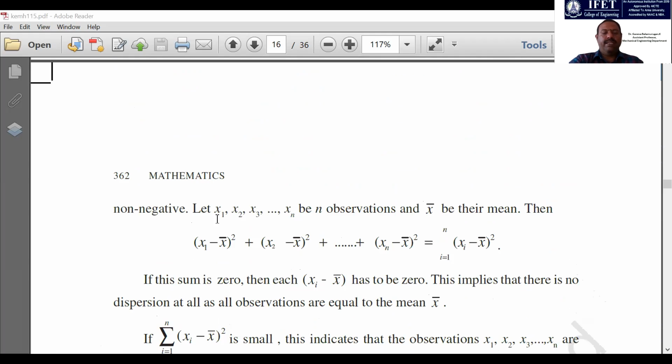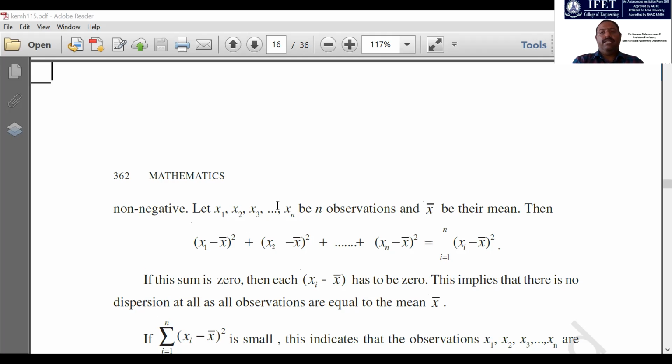Now we take these observations x1, x2, x3, up to xn. These are the observations if you are taking n observations. N means the number of observations. The small n will be 10 numbers, 50, 100, 1000, 1 lakh, 1 crore, whatever it may be.